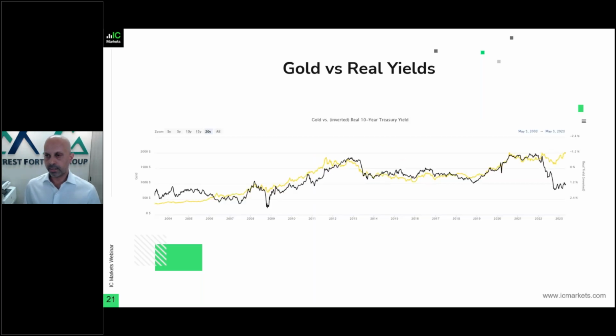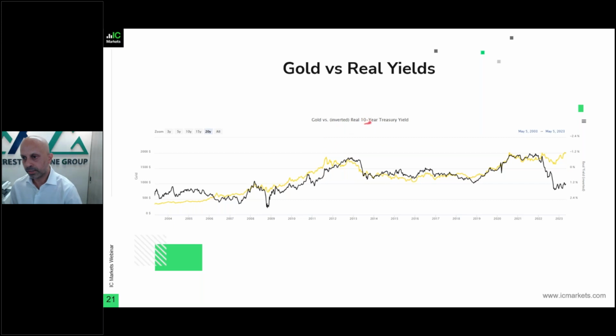So this chart is plotting gold prices versus real yields. Real yields, as we mentioned before, is taking the US 10-year government bond yield and adjusting it for inflation expectations, and then plotting it against the price of gold. Just to take note of the word inverted here.